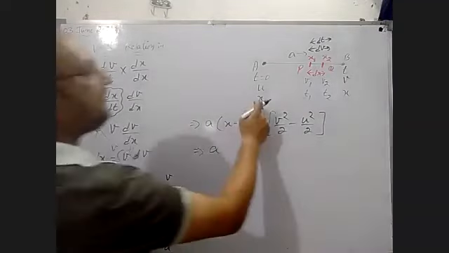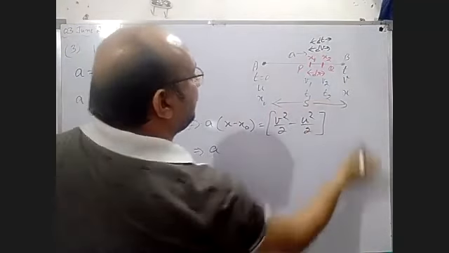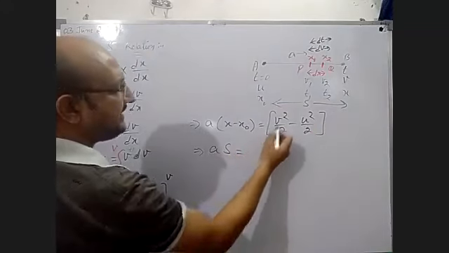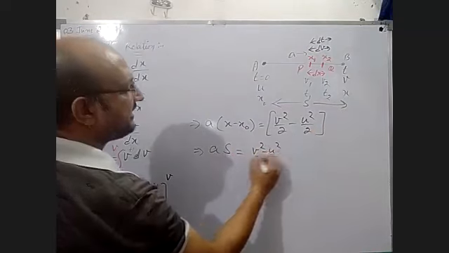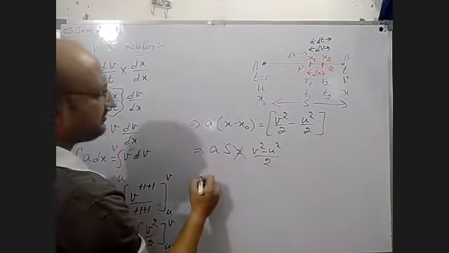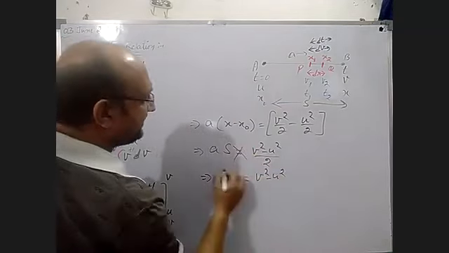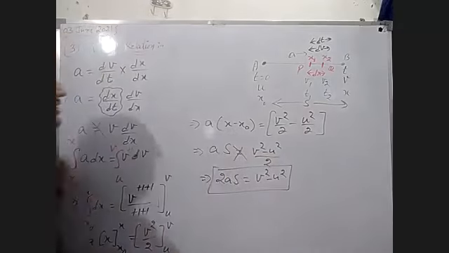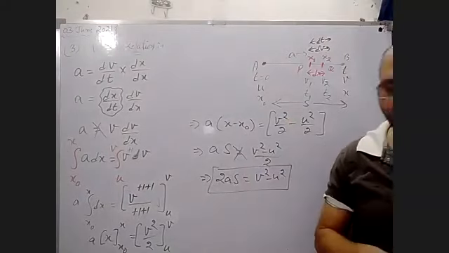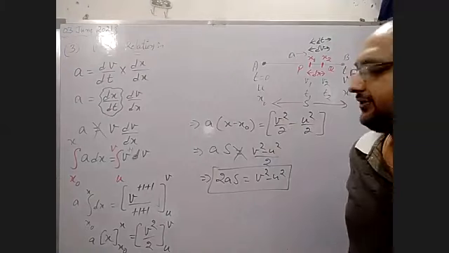In the figure you can see x minus x0 gives the distance from A to B, s. Now cross multiply and we get 2as is equal to v square minus u square. This is the third equation of motion, the velocity distance relation, determined by the calculus method. Are you getting my point?